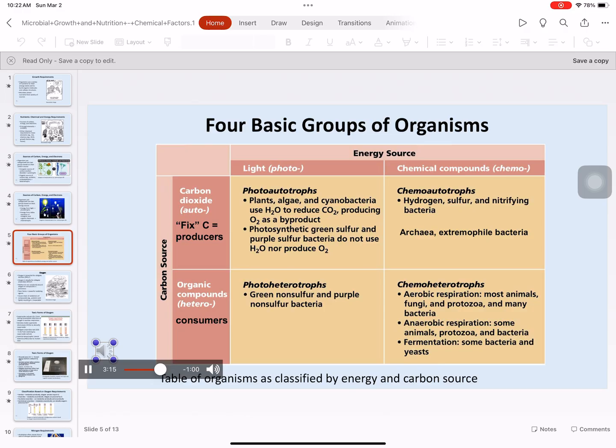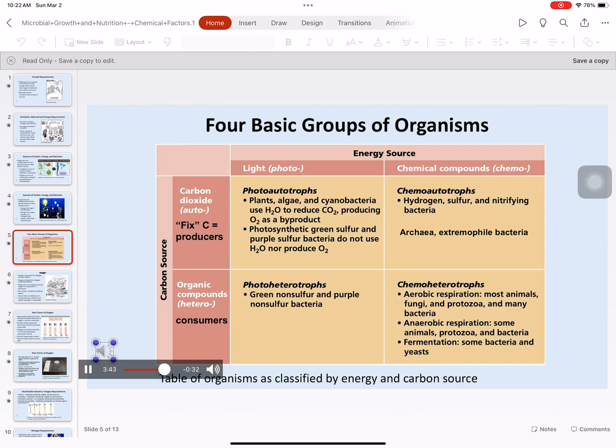So these would be organisms like us and most other animals, fungi and protozoa, and many bacteria. Some organisms will accomplish this through aerobic respiration, some through anaerobic respiration, and some through fermentation.